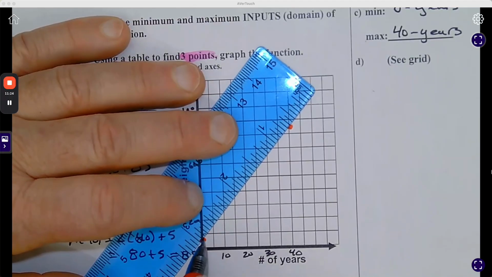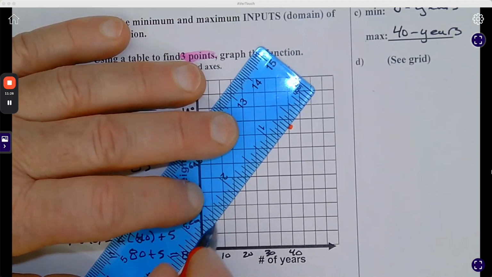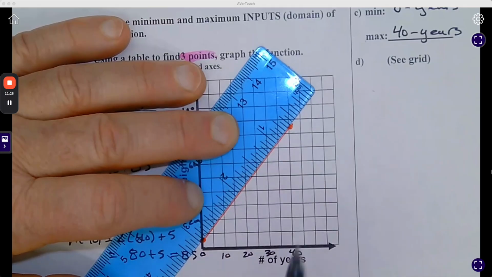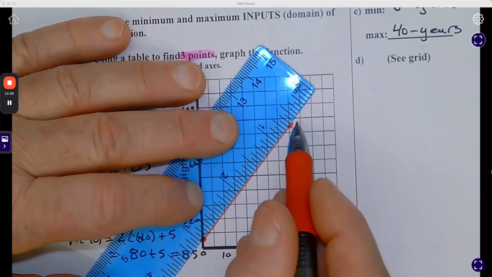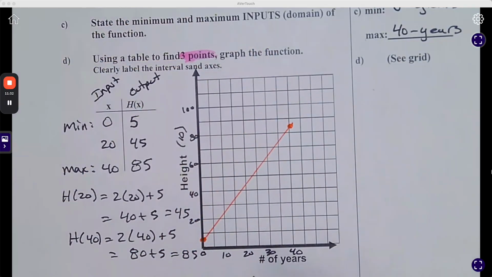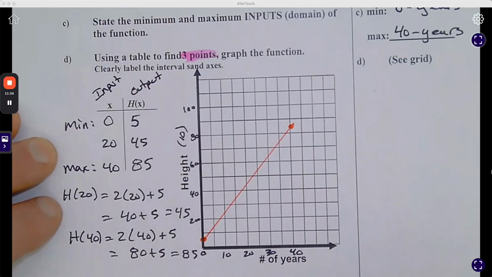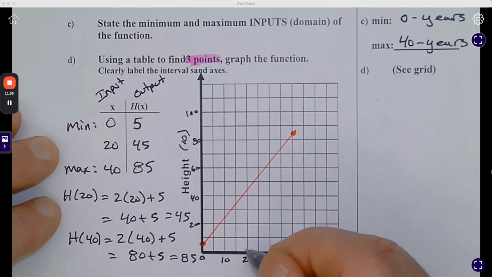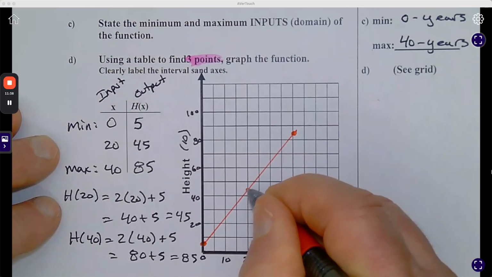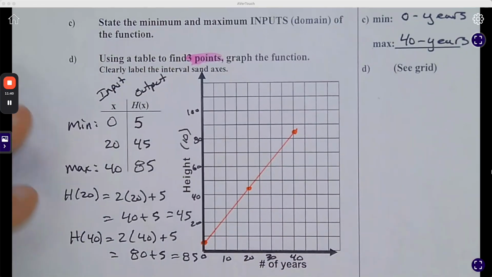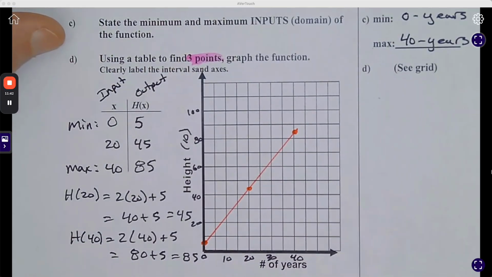Remember, your model is only good from the minimum to the maximum, right? So it doesn't go beyond that or beyond that. Okay, now let's plot that other point. 20, 45. Ooh, look at that. Right there. That's perfecto. Perfecto.